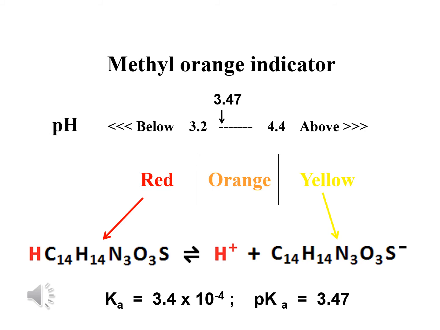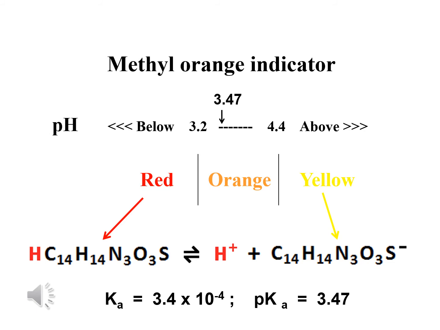And I showed the 3.47 where it is in the color change range of methyl orange. You remember that the range that a buffer can maintain is plus or minus 1. So indicators will have a color change range around the pKa of about plus or minus 1, but it's never that big because it also depends on how your eye sees color.